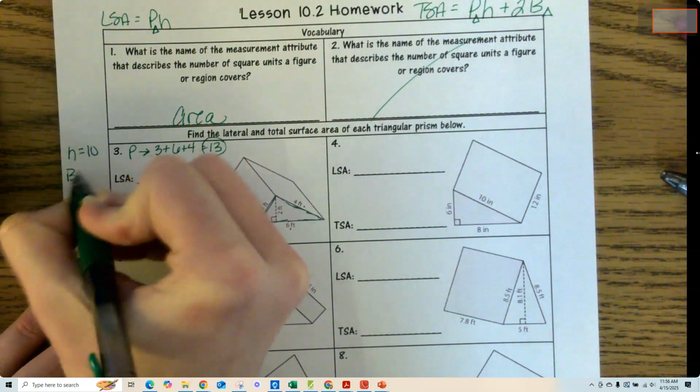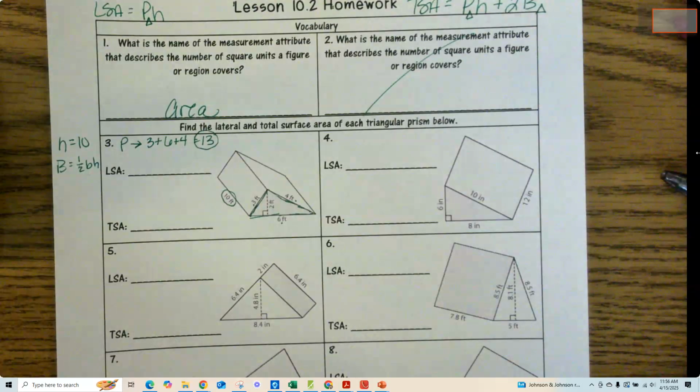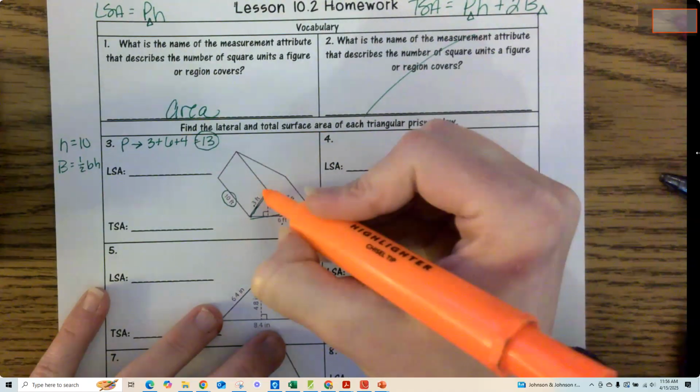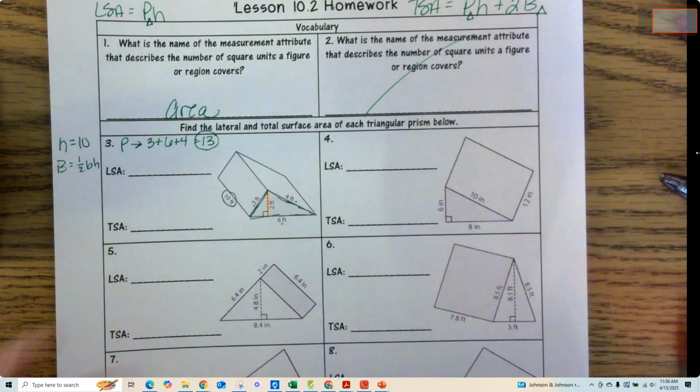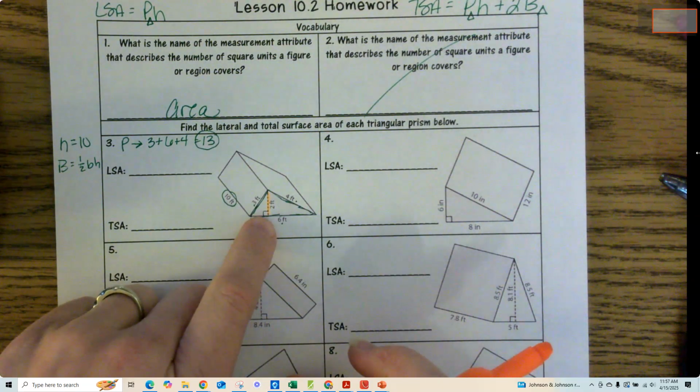And then big B again is 1/2 little b h. So on the triangle, okay, a triangle like this that's not a right triangle, the height for this one is always the measurement that's inside the triangle for non-right triangles. And then the base, so see where that little right angle is?